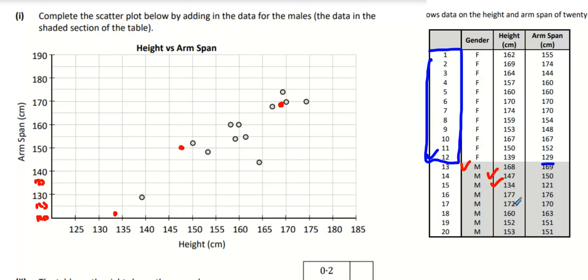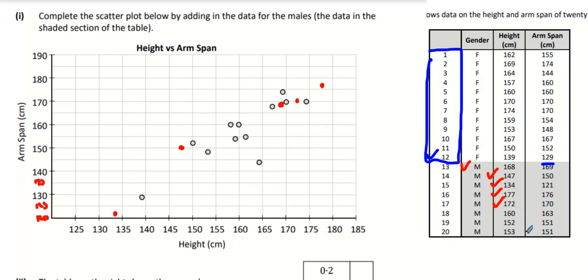Okay, 177 and 176. So 177 is about here, 176 is about here. Done. 172 around here, and 176. Sorry, was it 172? Sorry, 172 and 170. 170 is there, so around here.